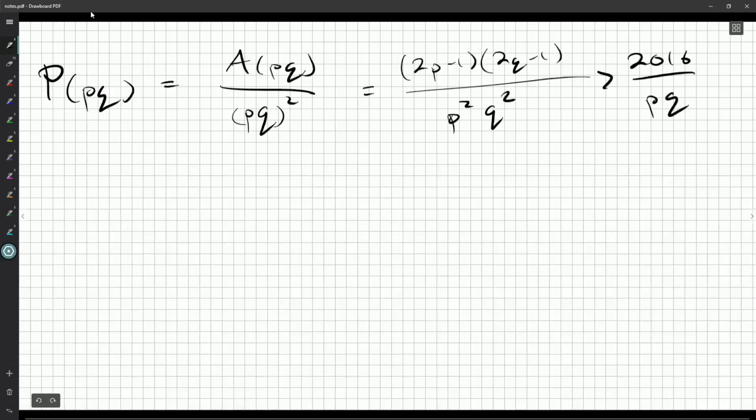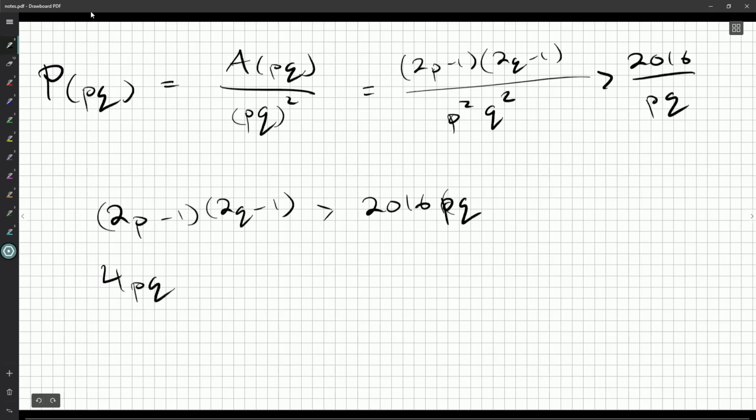So I suppose we can multiply both sides by P squared Q squared. But actually, if we expand this back out, we're going to have a horrible time. This is not going to work.